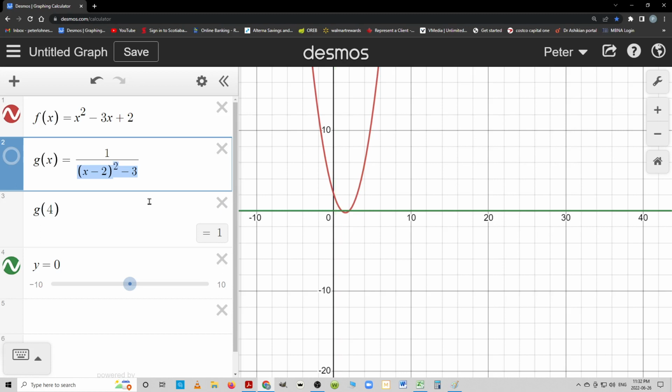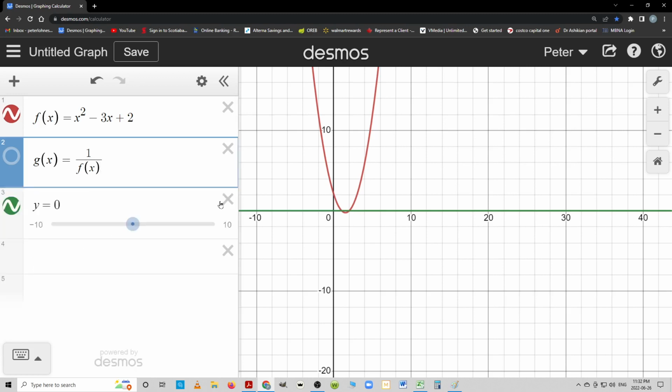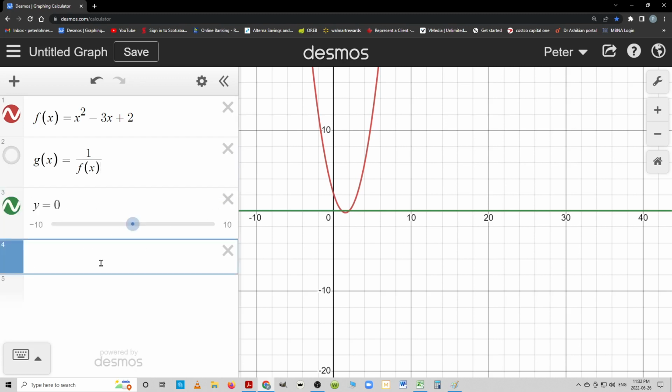And we're going to just put f of x in here, like that. Before I figure out these values, I can always ask when is f of x equal to 0 to find my asymptotes. And it should draw them.